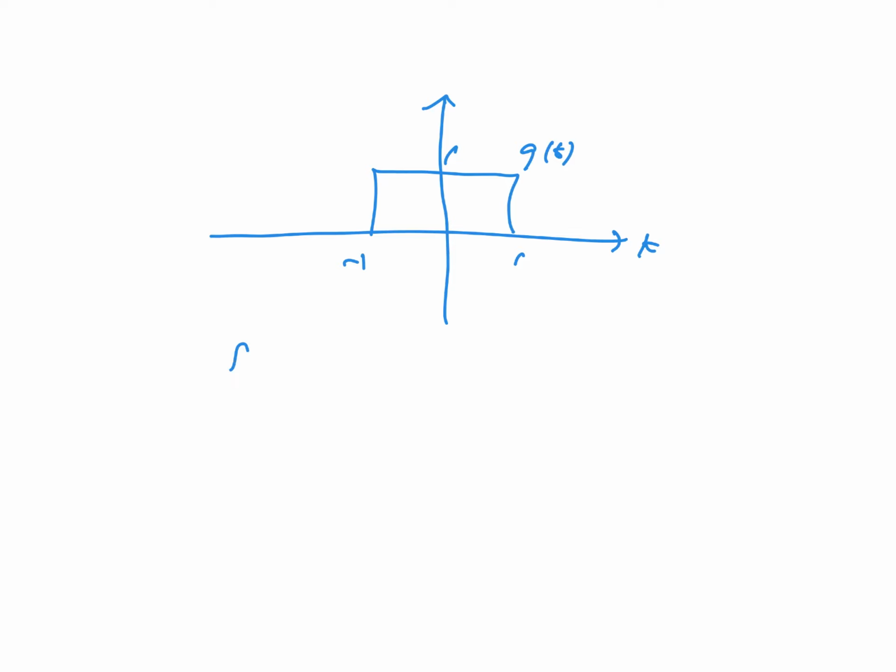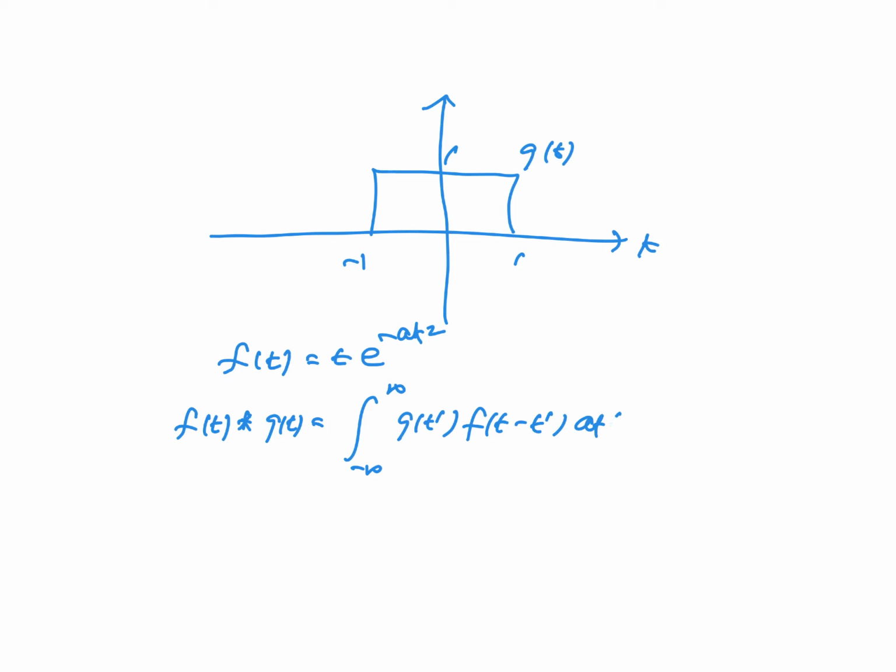And say f(t) is t exponential minus a t squared. Then the convolution of f and g is the integral from minus infinity to infinity of g(t') f(t - t') dt', which is simply the integral from minus 1 to 1 of (t - t') exponential minus a (t - t') squared dt'.